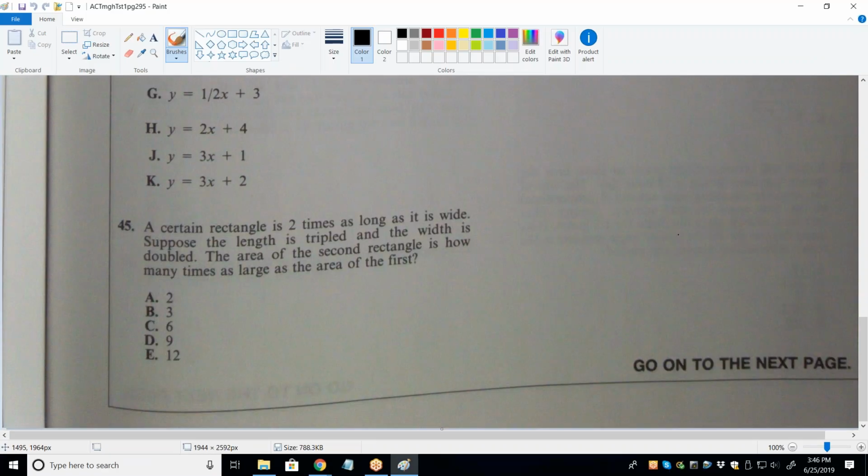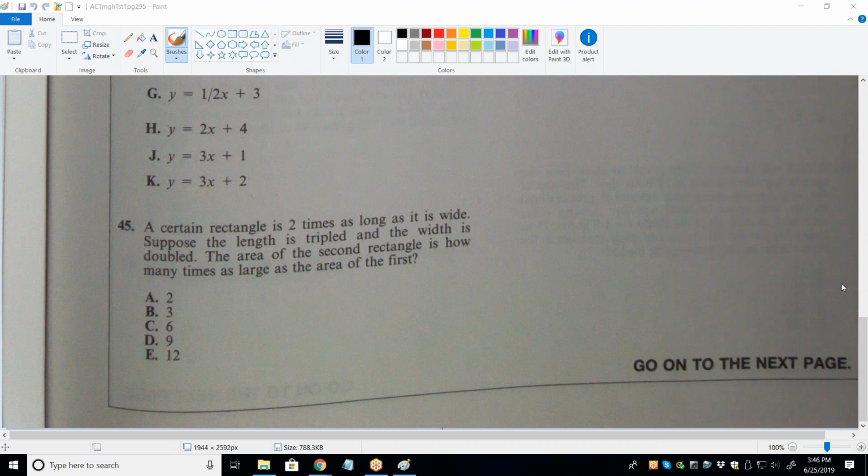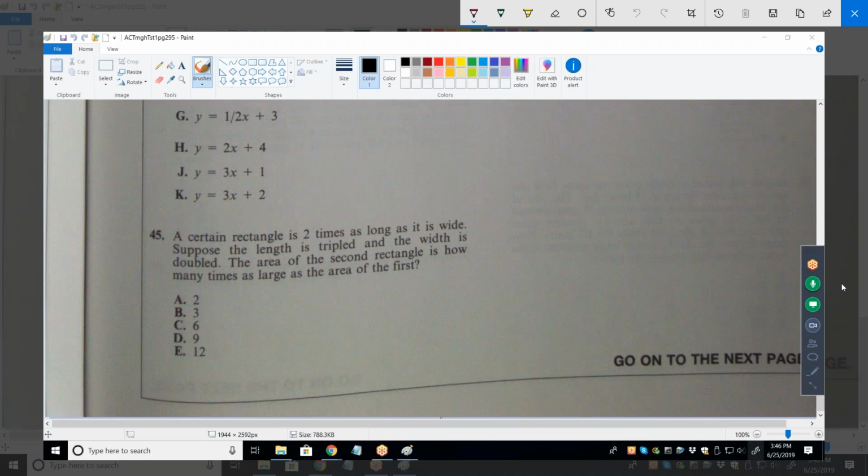Okay, 45. Again, I'm going to go ahead and draw a picture, which is what you should be doing. That's right.